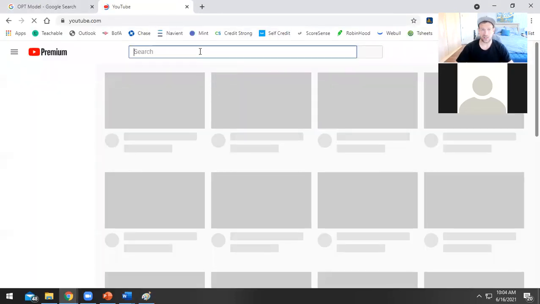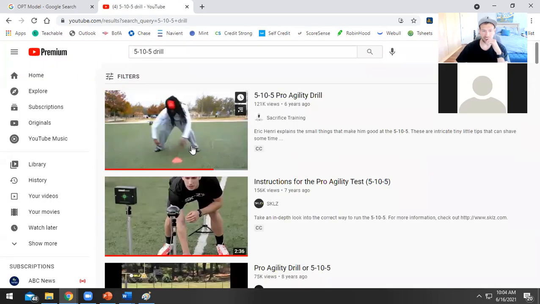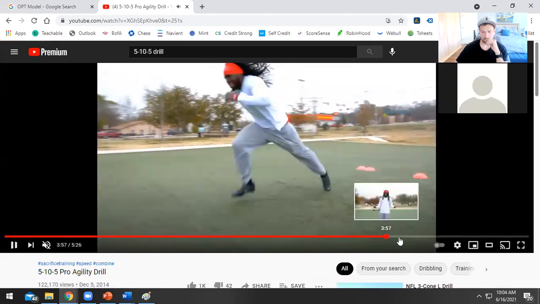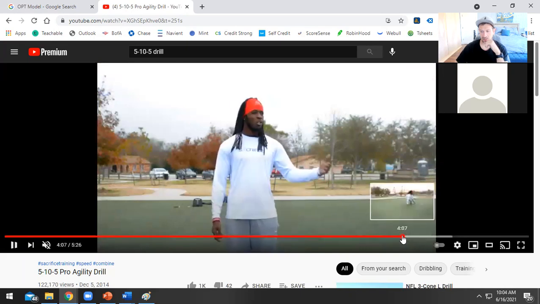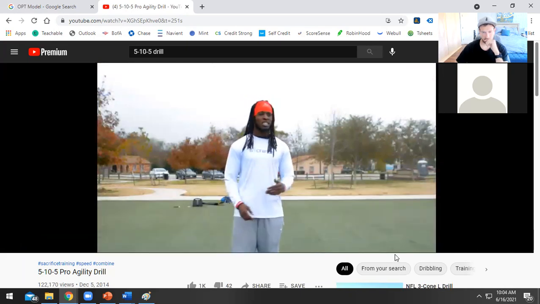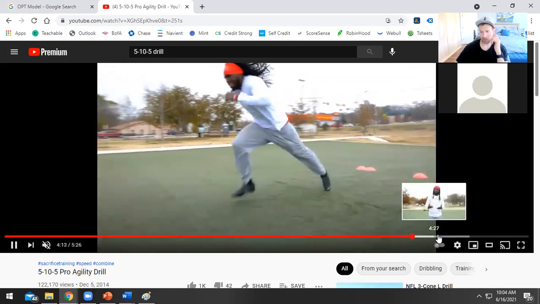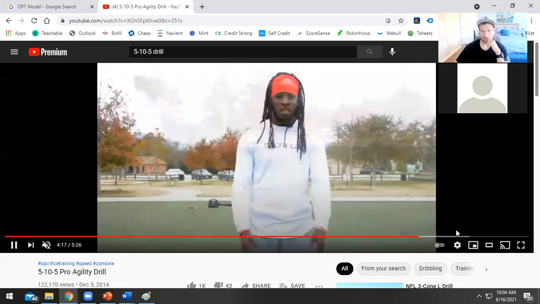That's the one where the client sprints from one cone to the next. So you start in the center. Touch the cone.